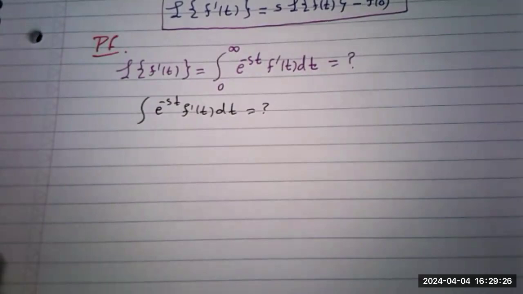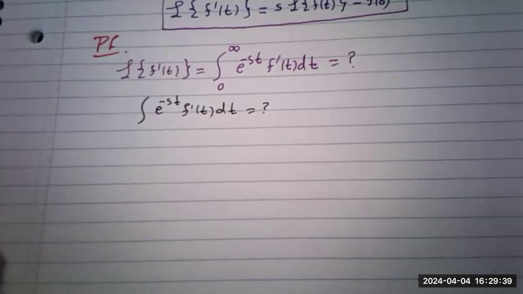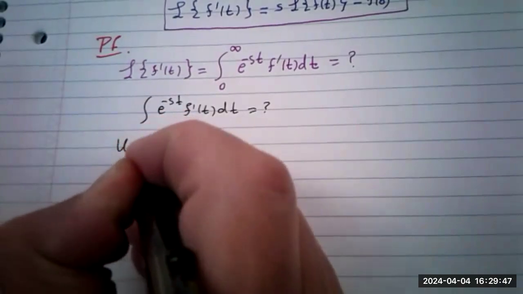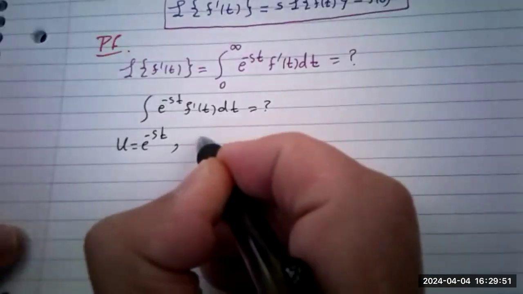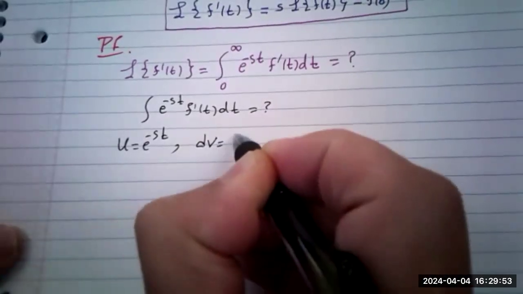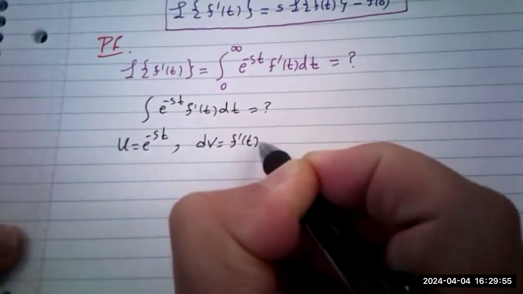Right. f prime of t dt would be dv. Yes, that's why I'm saying f prime of t. Because you have to integrate. Since you want to integrate it, when you integrate f prime you get f. So that's why. Take u to be e to the negative st. You see that's one. Now dv would be f prime of t dt.